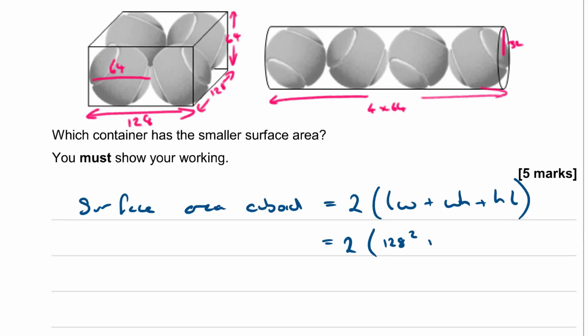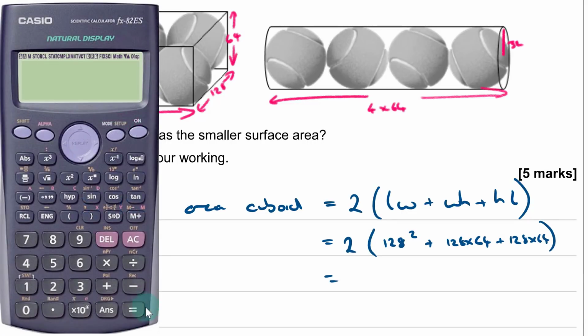128 squared for the base, and then you've got the side panel, which is 128 times 64, and another one of those. So I make that 128 squared plus 128 times 64 plus another 128 times 64, and then doubled.